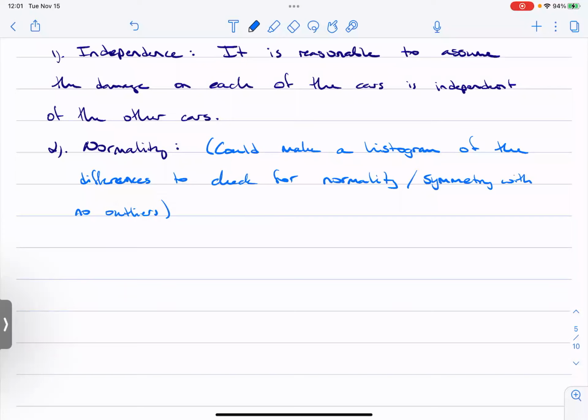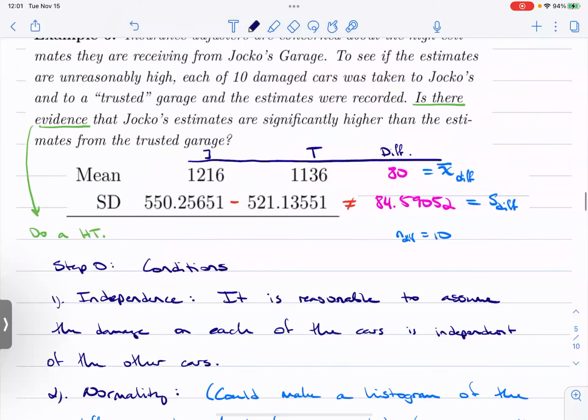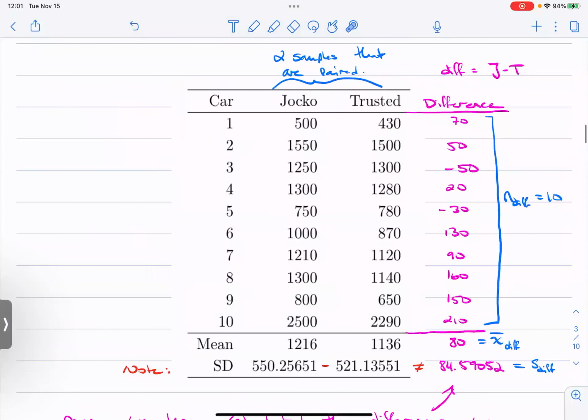But instead, because I don't feel like doing that, and I want you to have another tool that you can use, I'm going to look at the most extreme difference, the most extreme value. So the largest difference. Remember, I'm focusing on just the differences.